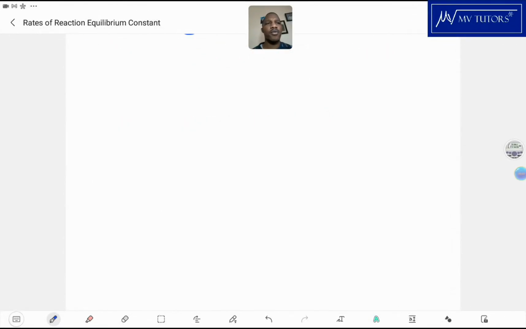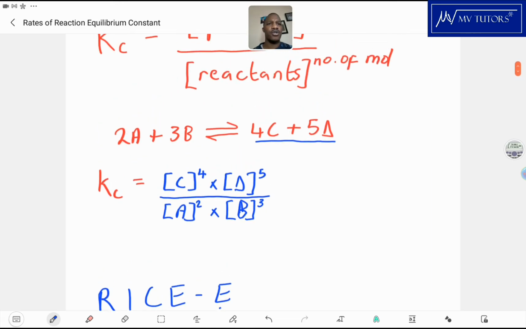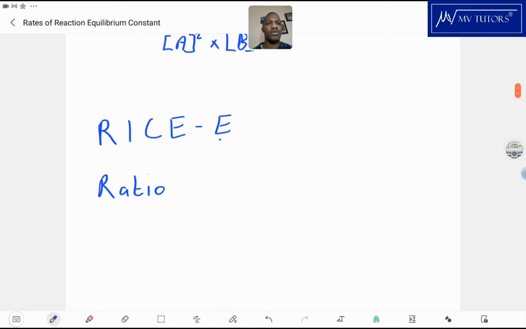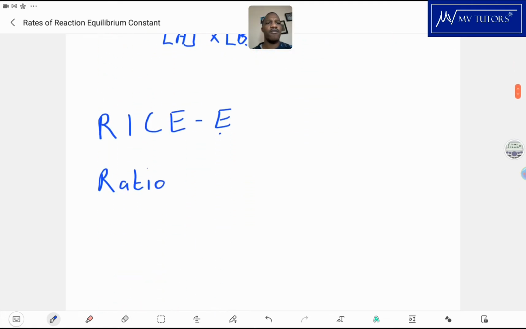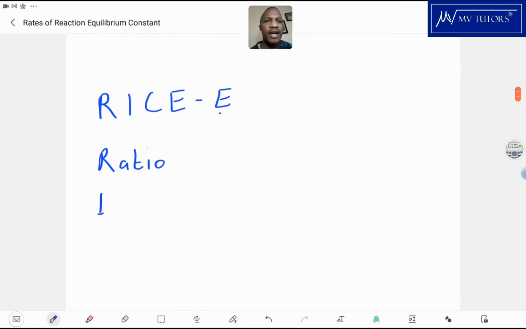Another principle that we'll need is what I call the RICE method. Let's define the whole thing. The R stands for ratio, and typically, looking up here, the ratio is the number of moles. The I stands for initial.